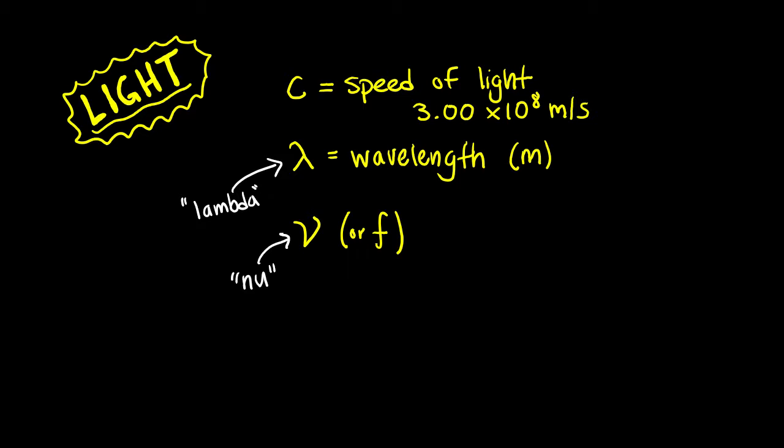You have to be careful not to use a V because some people will see the V and think it means velocity, but that is the reason why some people prefer to use F. I have gone back and forth between using F or nu to represent something that we call frequency. The frequency of a wave is measured in an inverse second because frequency is not a measure of how long it takes for something to happen.